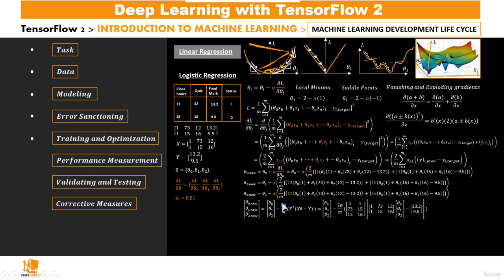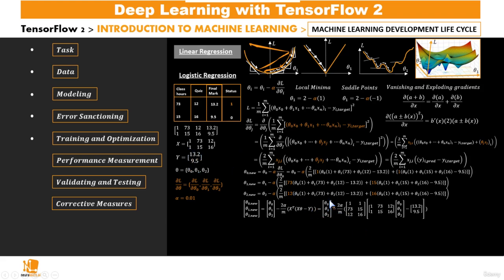We're going to solve this and see how it comes back to the three equations we've just done. So we have theta 0, theta 1, theta 2 minus 2 alpha over m times x transpose times (x theta minus y). Here x transpose is the transpose of this x, x times theta is this times theta, and y is what we have seen already.